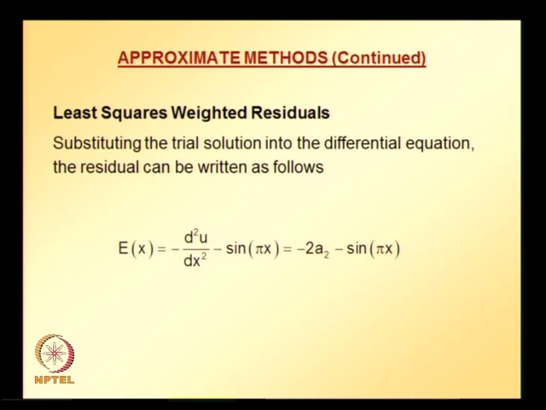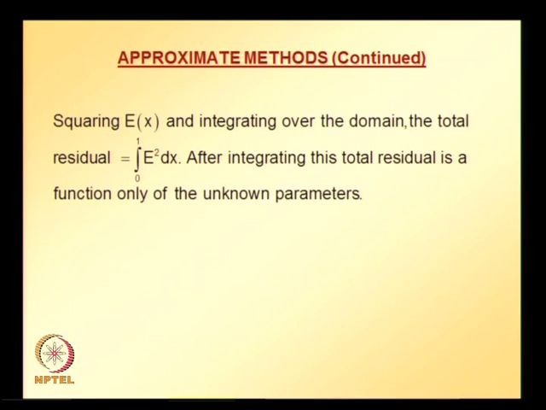And as you can see here, the residual has only one unknown coefficient that needs to be determined, a2. In the least square weighted residual method, the weight function is the residual itself. So squaring the residual and integrating over the domain, the total residual is going to be the integral from 0 to 1 of residual square dx.